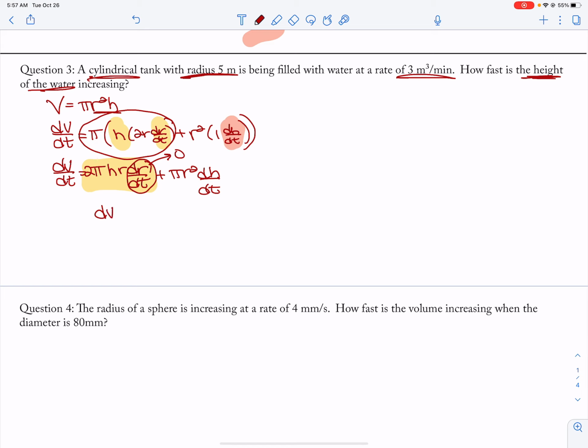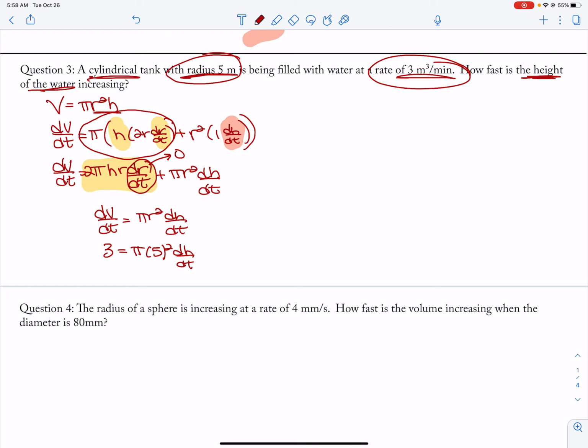So really, I have dV dt equal to pi r squared dh dt. I didn't actually need h. And I know what the rate of change of the volume is. That's 3 pi. My radius is 5. So then I get my dh dt is equal to 3 over 25 pi. And this is in meters per minute.